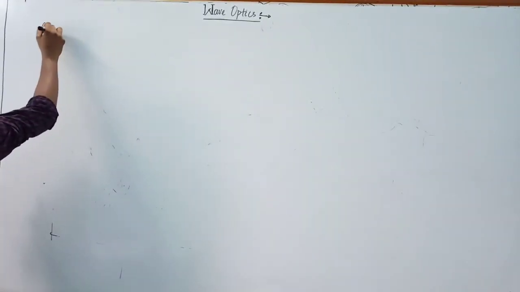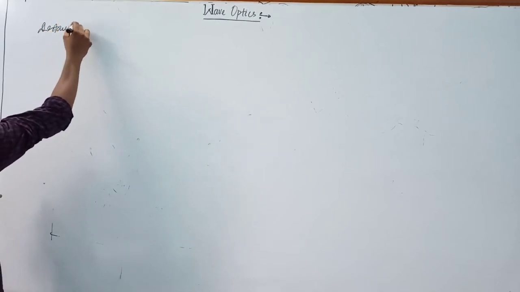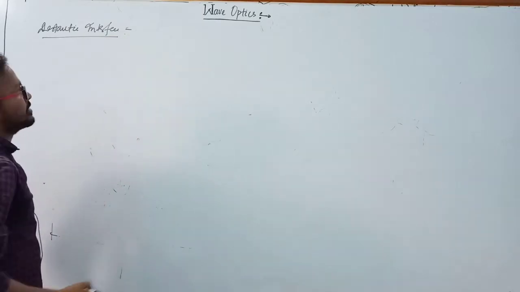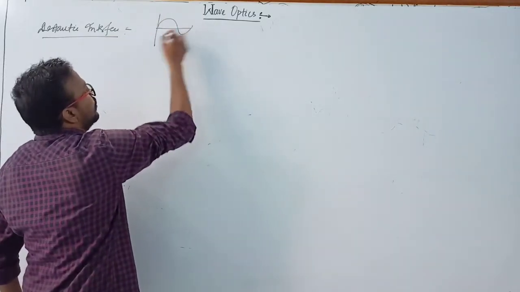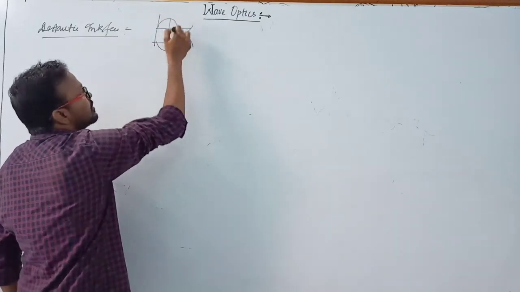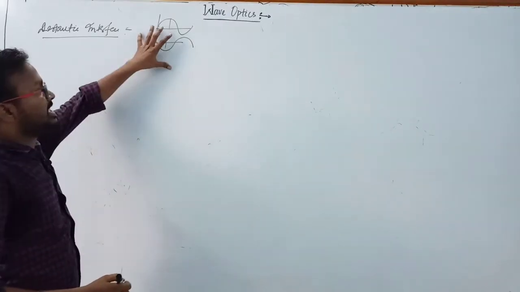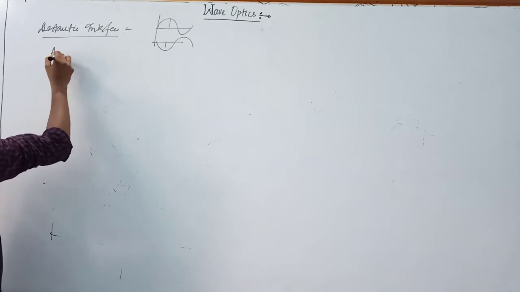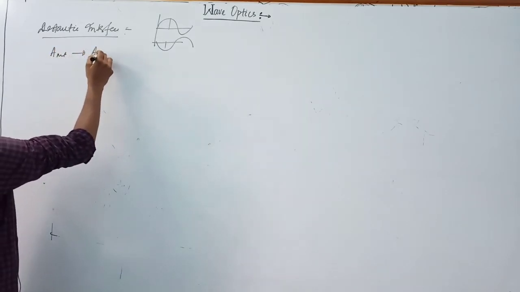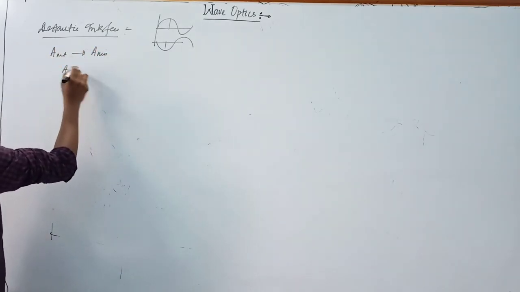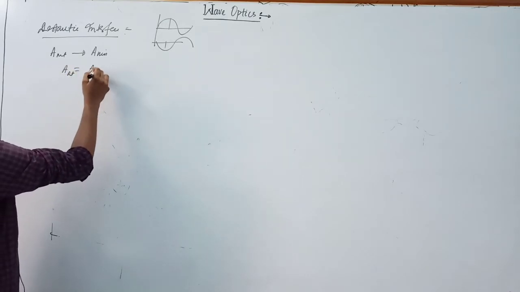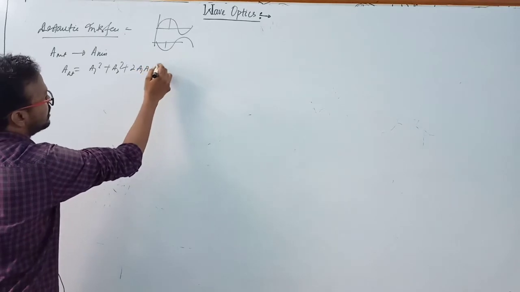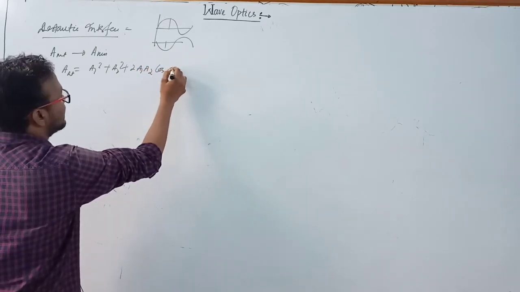Now let's start destructive interference. Destructive interference means one crest and one trough, crest and trough, then at that time intensity will be 0. So for destructive interference, A net should be minimum, but A net equal to under root of A1 square plus A2 square plus 2 A1 A2 cos phi.